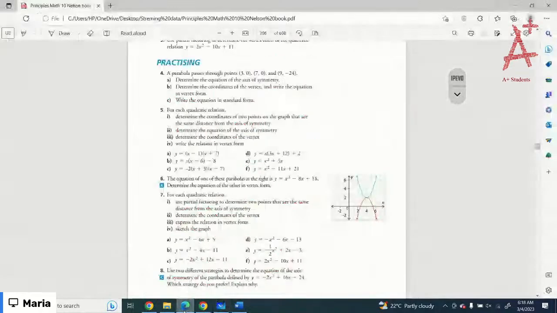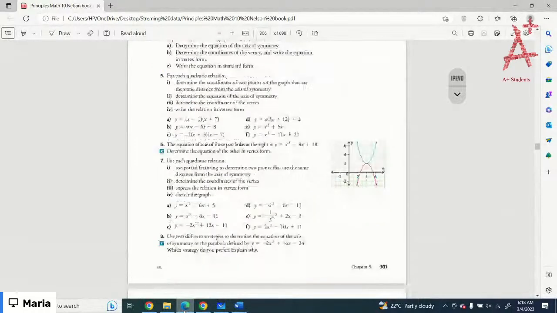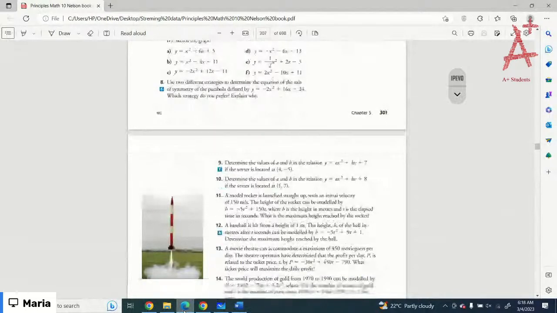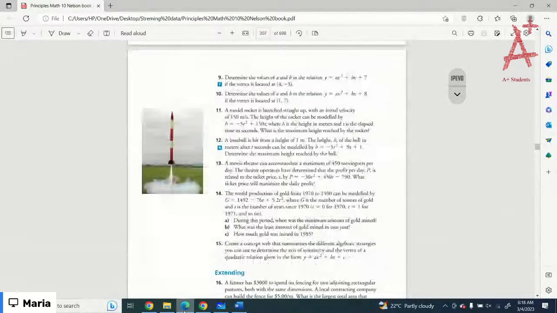Okay, the next one is, let's start with question number 10. Determine the values of a and b in the relation y equals ax square plus bx plus 8 if the vertex is located at 1 and 7.